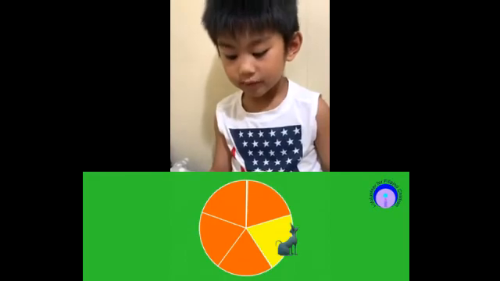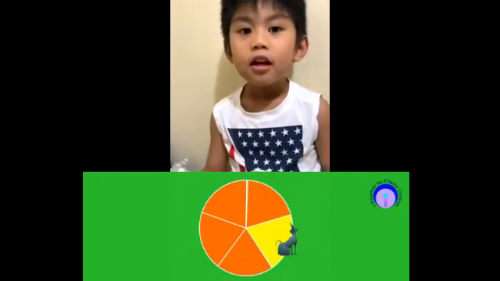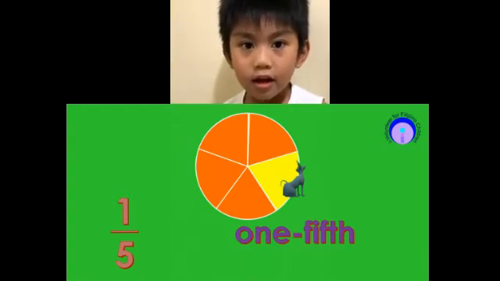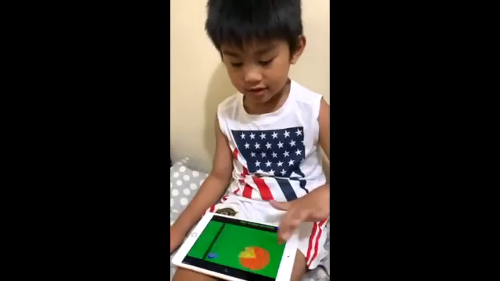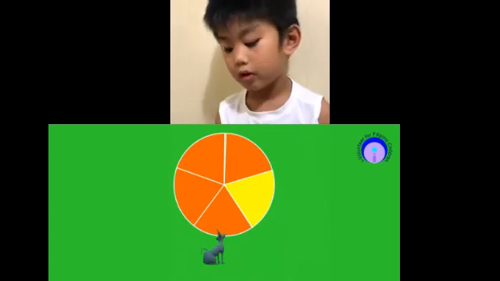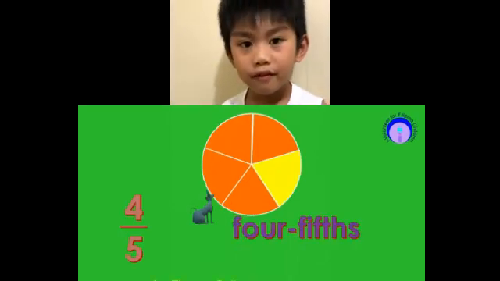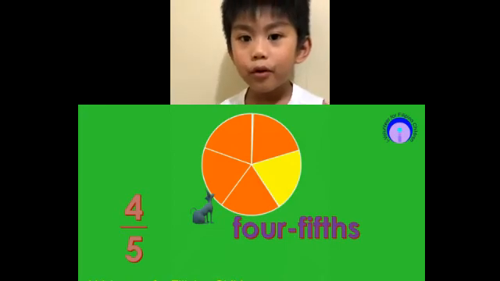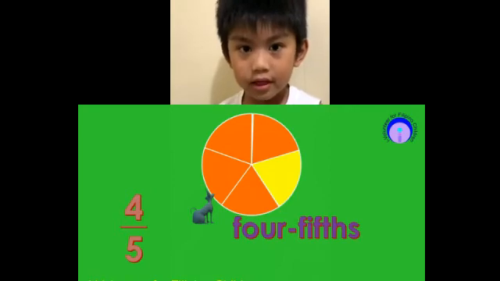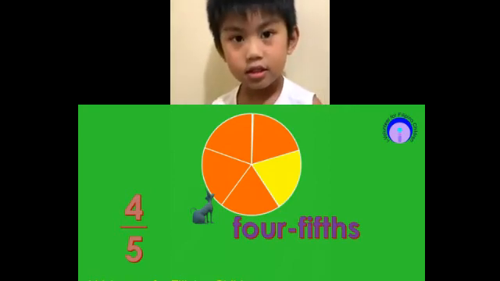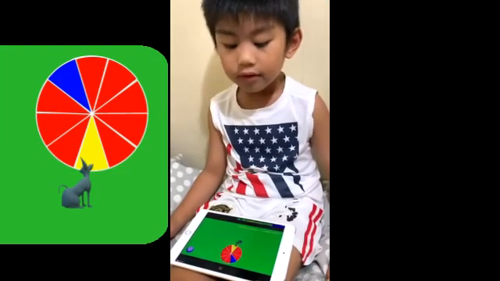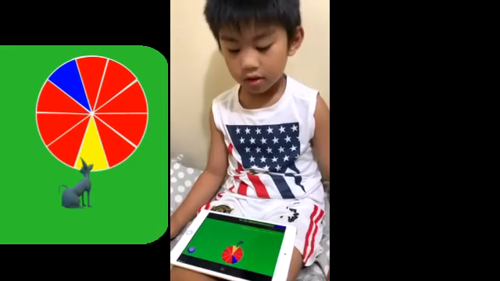The fraction is 1/5. One fifth. The fraction is 4/5. Four fifths. The fraction is 1/5.